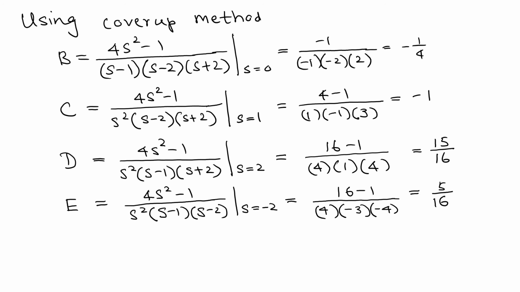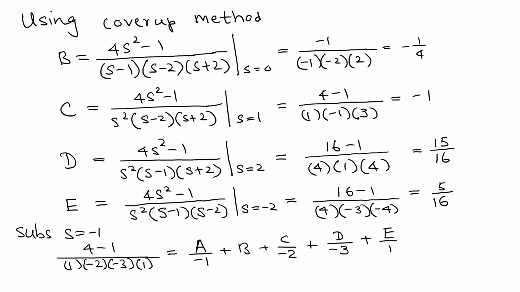So when you do that, this is what you get. And then if you substitute values for B, C, D and E, we get this one. And you can see that many terms get cancelled out. So these two get cancelled out, these two get cancelled out. So the only thing left is A and 1/4. That means A is negative 1/4.